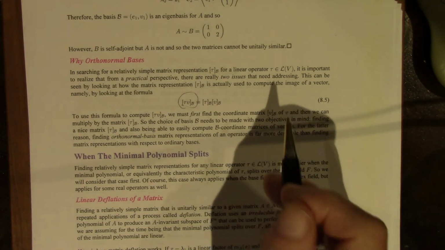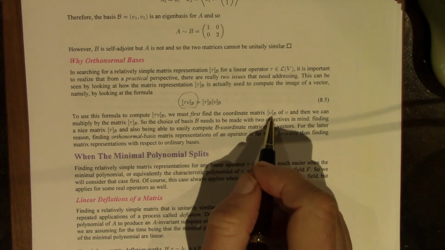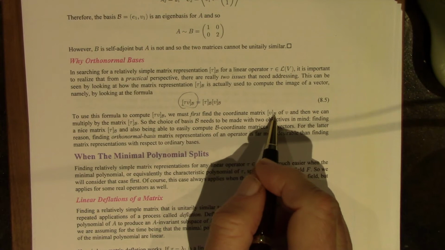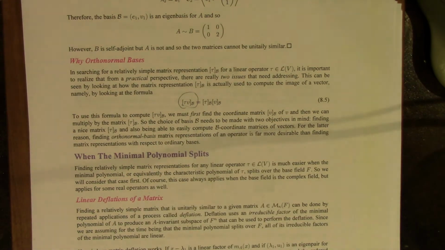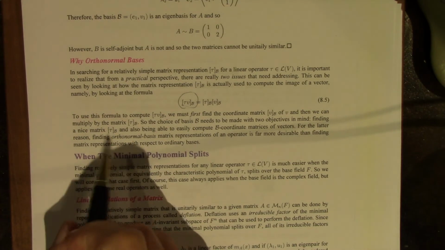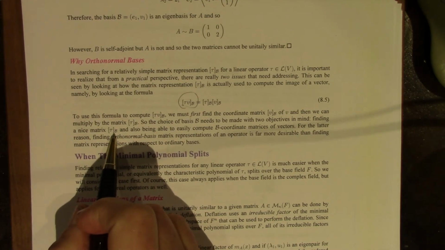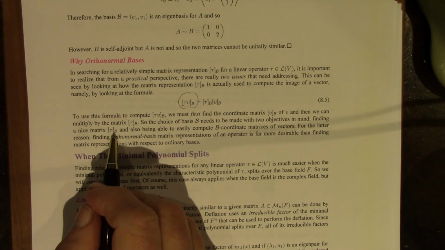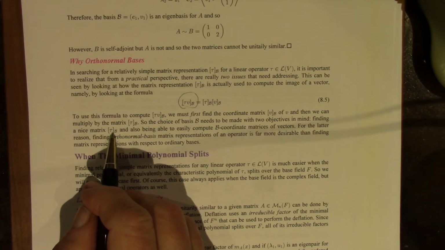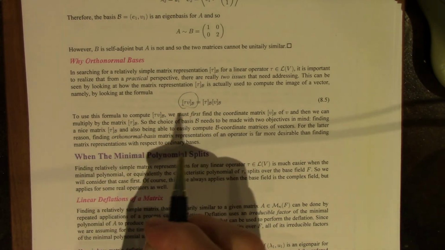First, we have to find the coordinate matrix of v with respect to B, and then we have to multiply by the matrix representation of tau. So the choice of basis B needs to be made with two objectives in mind: finding a nice matrix representation so we can apply it easily, and we might want to apply it 1,000 times. In other words, take this matrix and raise it to the 1,000th power. So a diagonal matrix would be really nice here, if we can find one.